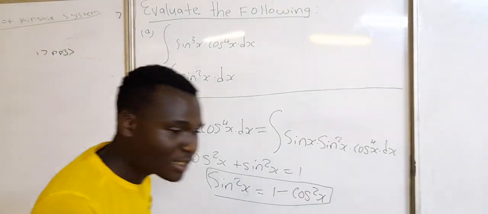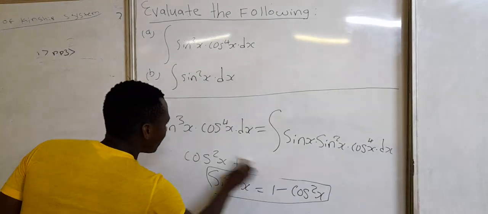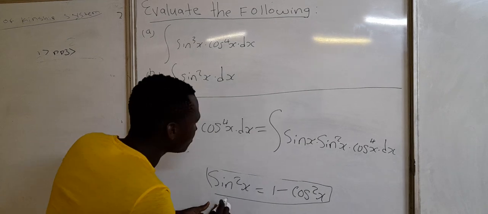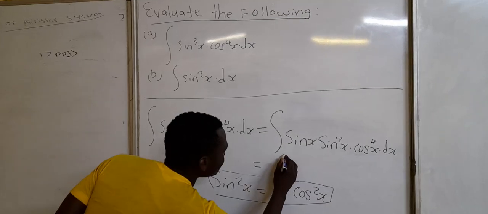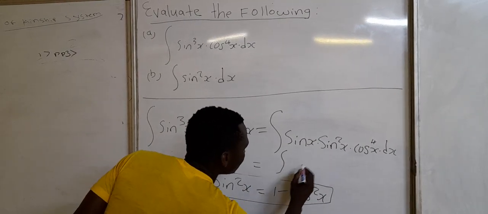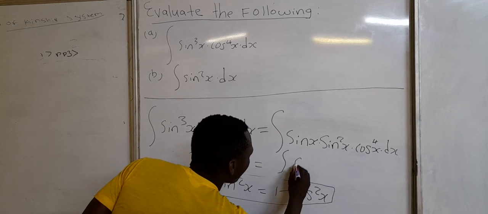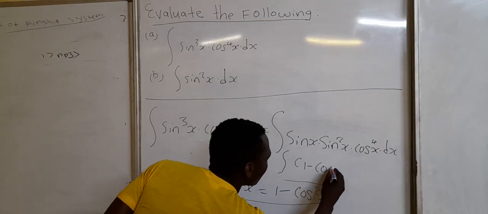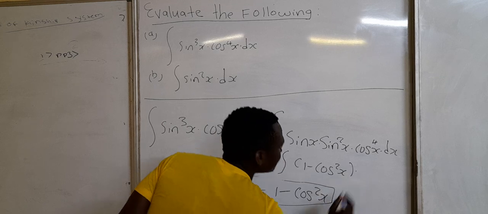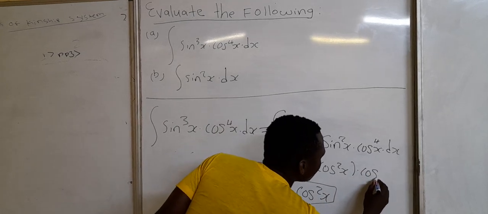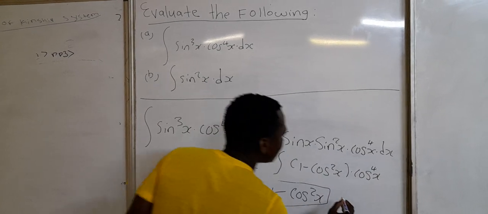So let's go and make it. Let's erase here. So this is the integral of 1 minus cos square of x times cos to the power 4 of x.